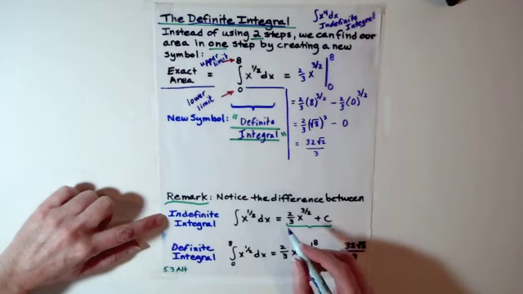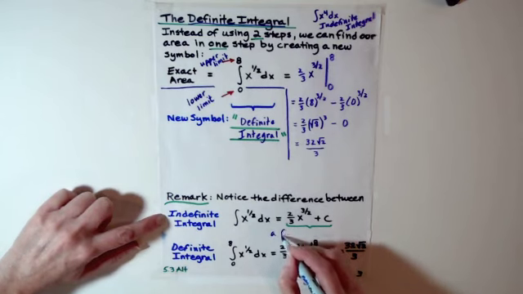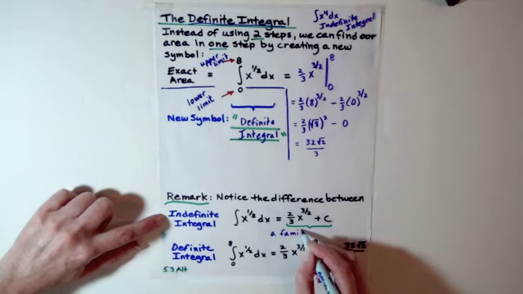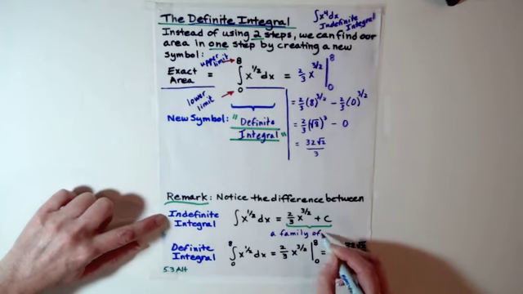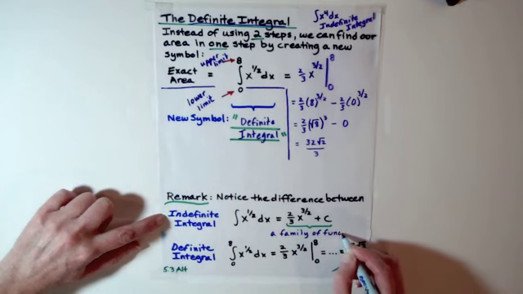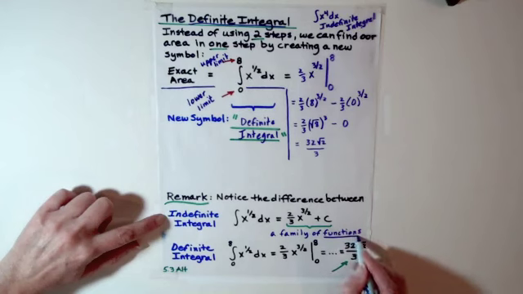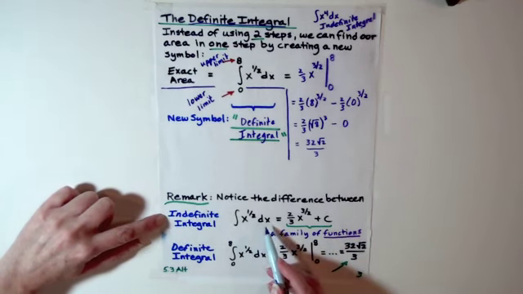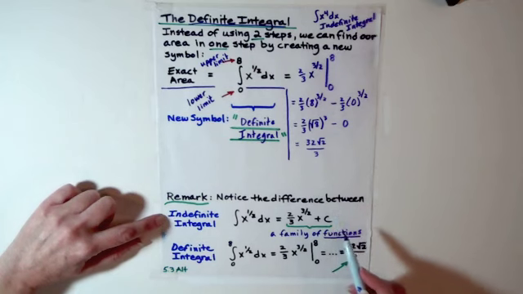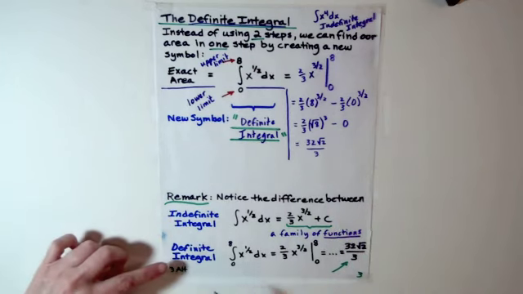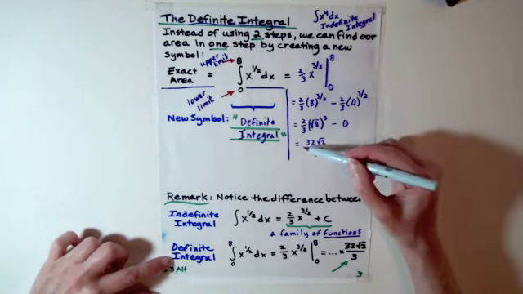So notice that you end up getting a family of functions as an answer. The answer to an indefinite integral problem is a set of functions. Now that's very different from the definite integral that we just did.